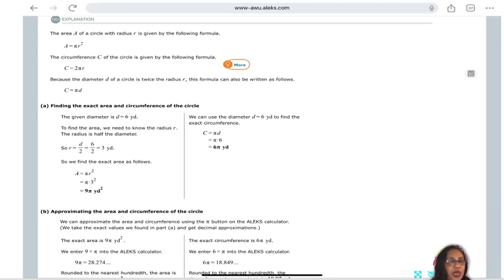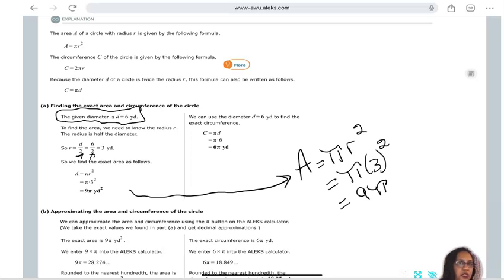Now, the thing that I always tell students is, if you cannot remember both, just remember one. So if you can remember that this is answering the first part where they're asking for the exact, right?